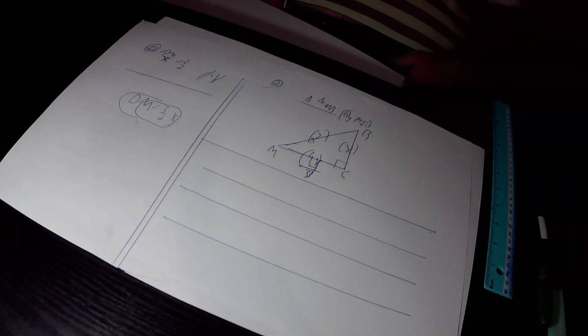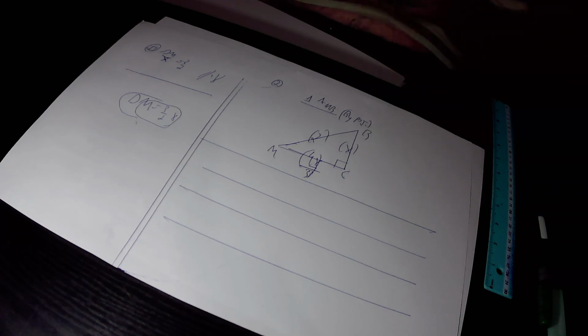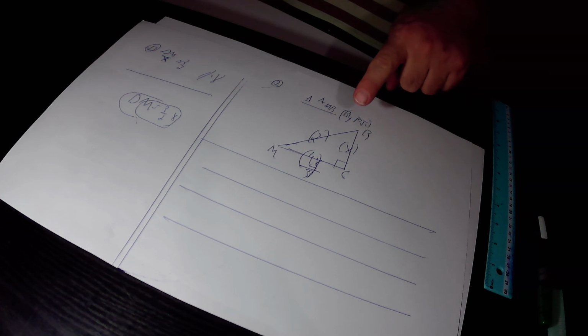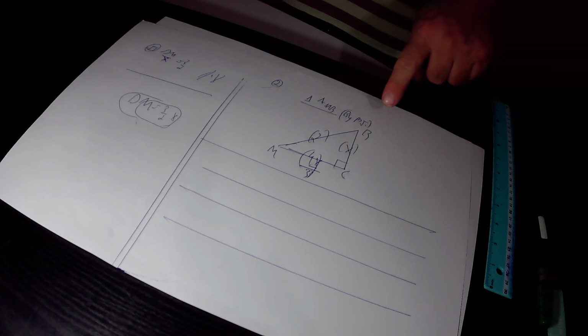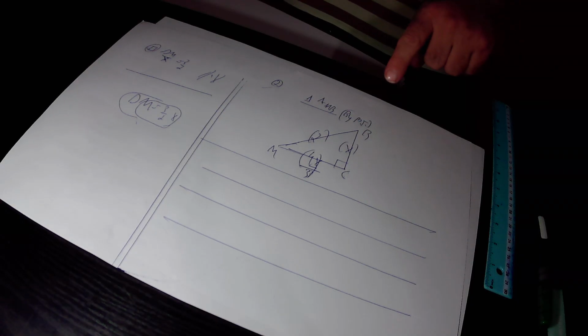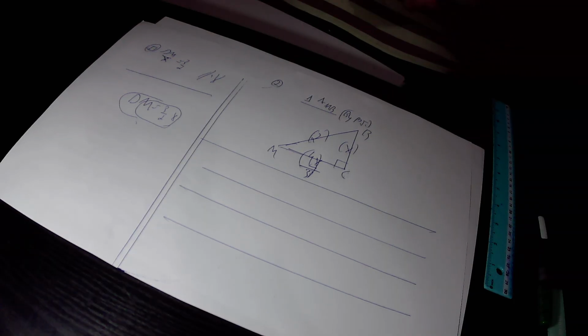In this right triangle BMC, MC equals 4x over 3, BC equals x, and BM equals 2. So according to the Pythagoras theorem, BM squared, that is the square of the hypotenuse, equals BC squared plus CM squared.